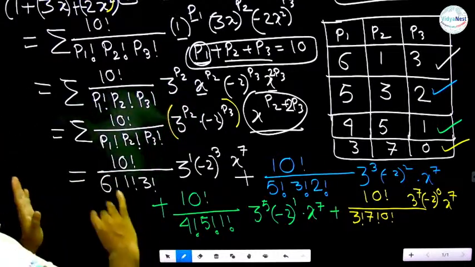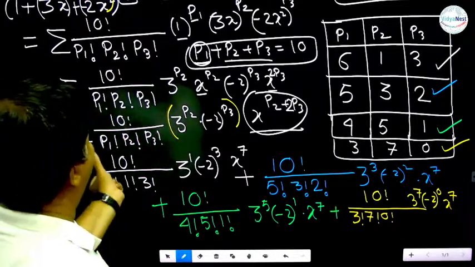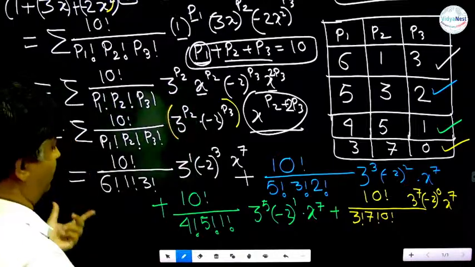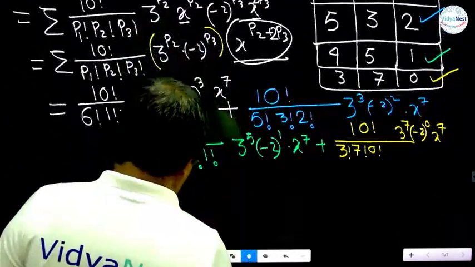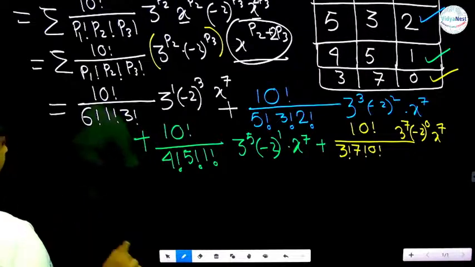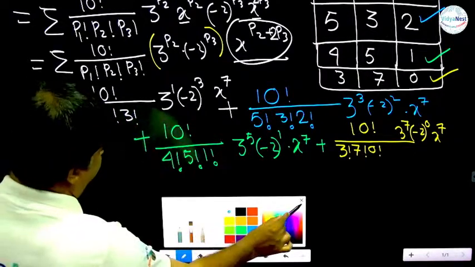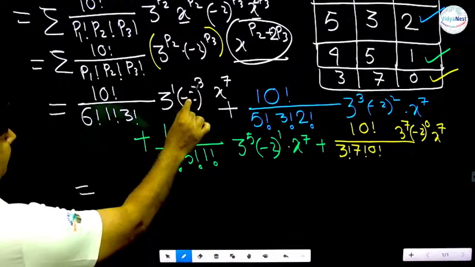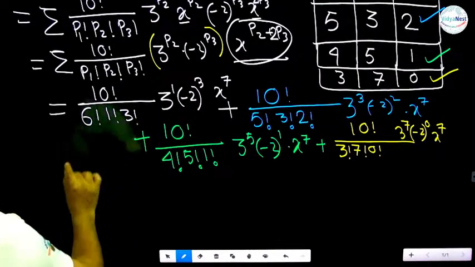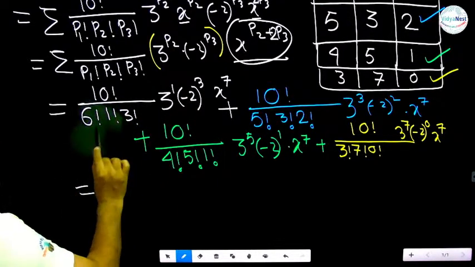Now I will take x to the power 7 and next we will just calculate it. Calculation you can do on your own. It is so simple. Normal factorials concept. So this is minus 8 minus 24. I will keep it like that.